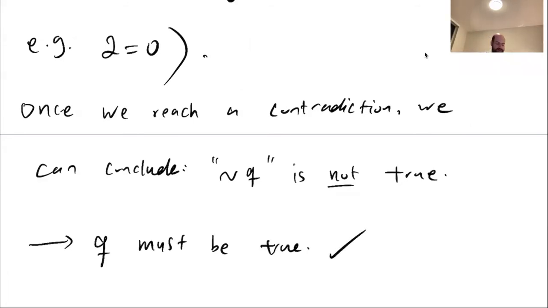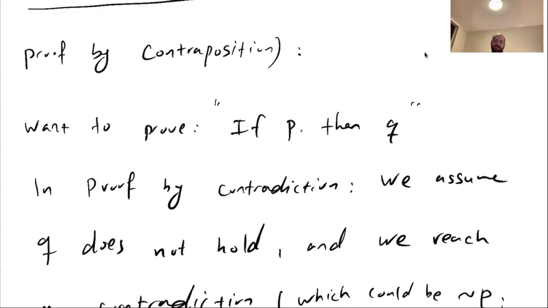Okay, so let me explain one more time. See, we want to show that if P, then Q. We want to prove that Q is right. So in order to show that Q is right, let's assume that Q is not right, which is also what we do in proof by contraposition, because that's why I'm saying that this method is very similar to proof by contraposition. In proof by contraposition, also, we assume Q is not right.